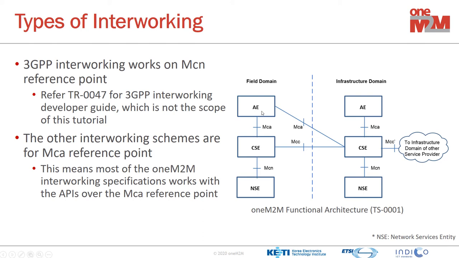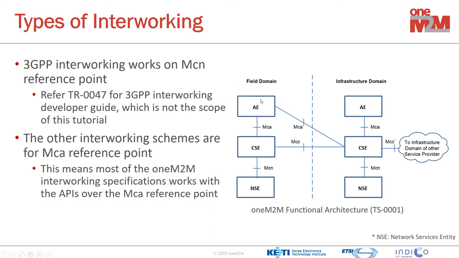The APIs that we've been looking at from yesterday, like the content instance creation or the others, are normally for the MCA between the oneM2M application and the CSE, and also for the other reference points like CSE to CSE. The other interworkings like the OCF interworking and lightweight M2M interworking are mostly for the MCA because, from the oneM2M platform's point of view, the other systems can be seen as oneM2M applications.